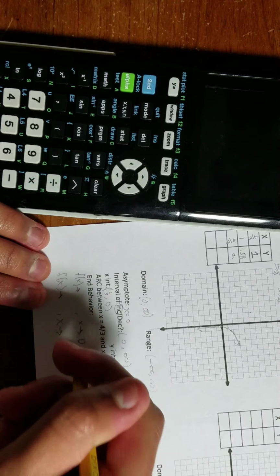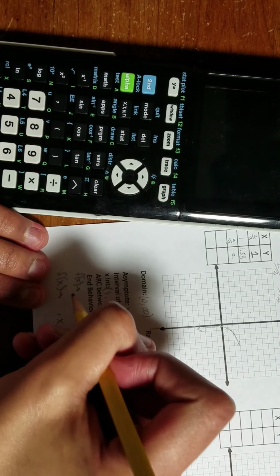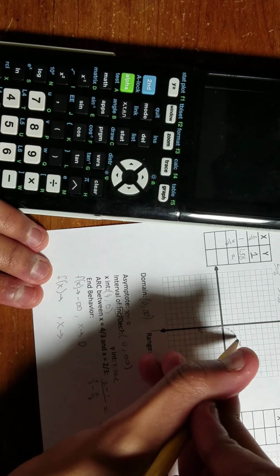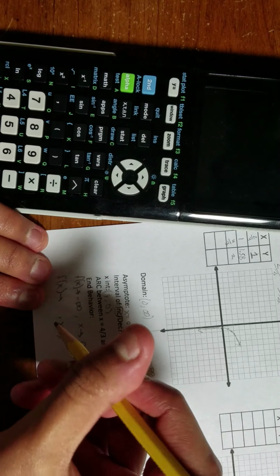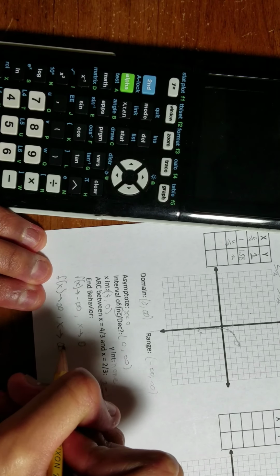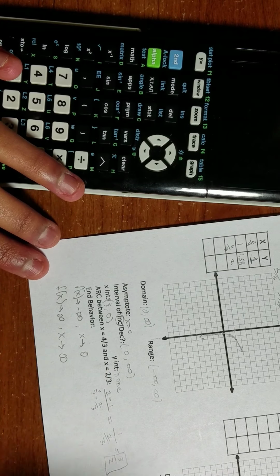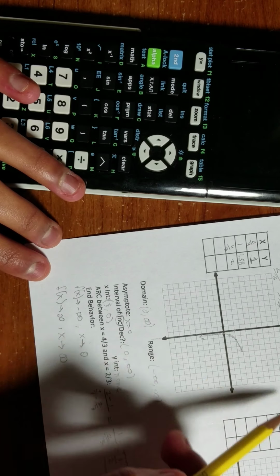Your domain is your x, and f of x would be your range. Your range is going down, so negative infinity because it's going downward. Then you have it going up and you have it going right. Those are two of your positives. So positive infinity, x infinity. That basically means it's going right forever and then going up forever.